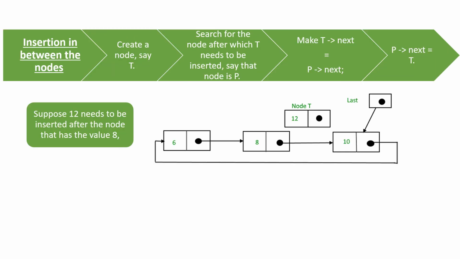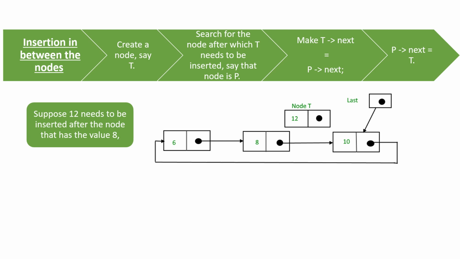Now we are going to insert a particular node between the nodes. To do this, create a node, say T, and search for the node after which T needs to be inserted. That is node 8, which is known as the node P. Now make the next pointer of T point to the next node of the node P, and the next pointer of the P node is made the node T. And now we can see an example.